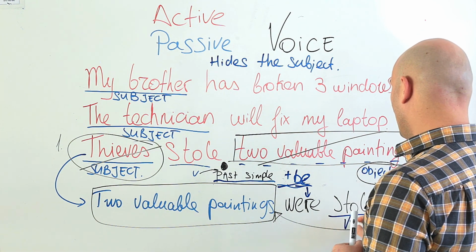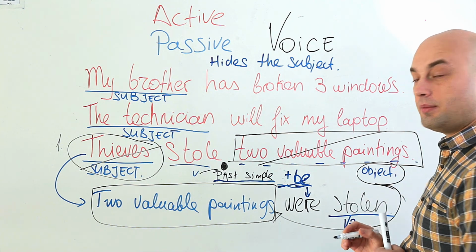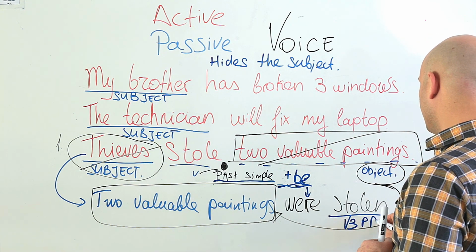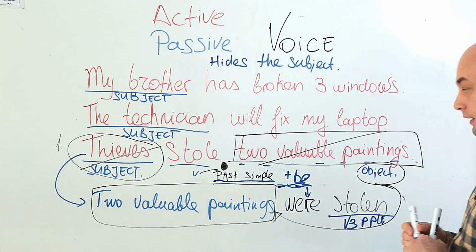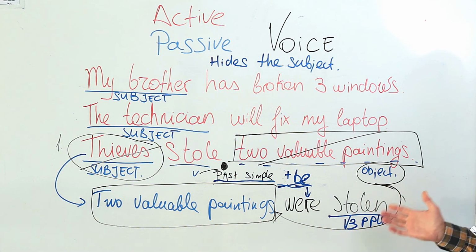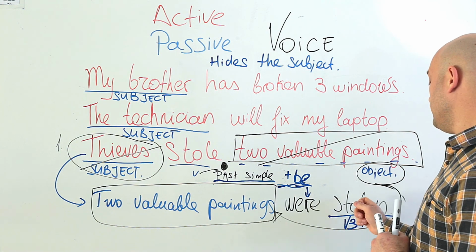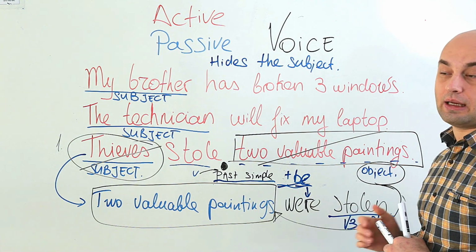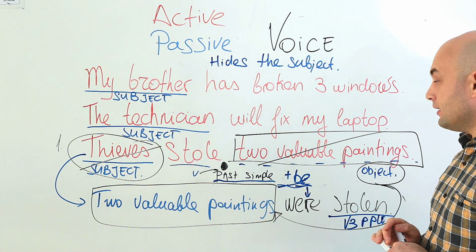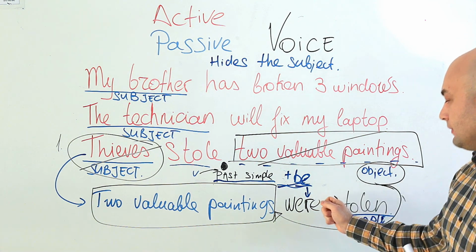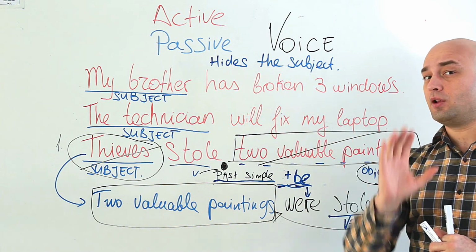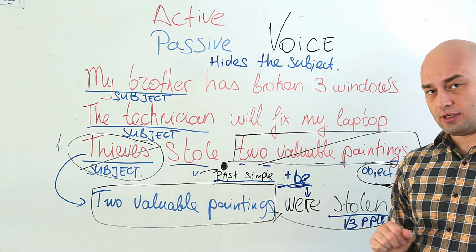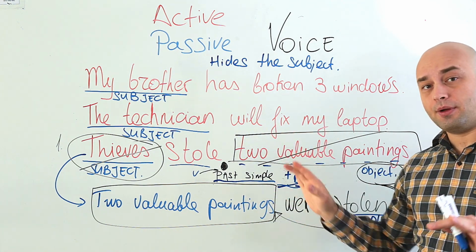It's what we call the third form of the verb, which is the past participle. If it is irregular, and if it was regular, it would be just an -ed ending. So this is a bit confusing if you look at it, but if you followed it, you probably understood it.